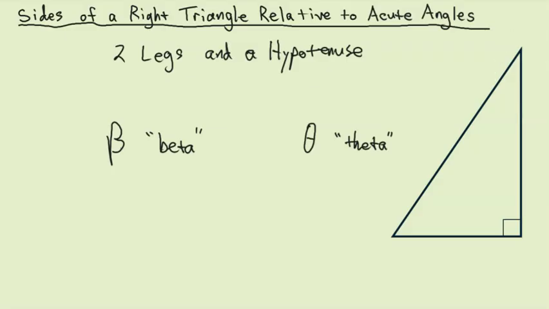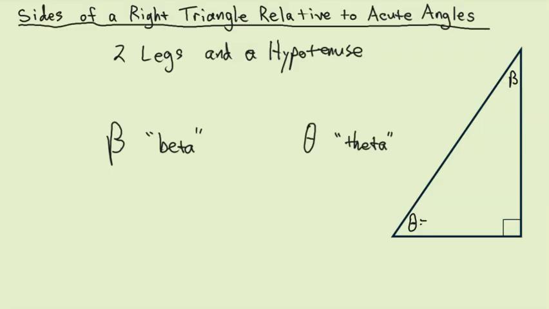Sometimes we'll put the letter theta in here and the letter beta in here, and we'll say that this angle is angle beta and this angle is angle theta. More specifically, theta represents the angle measure.